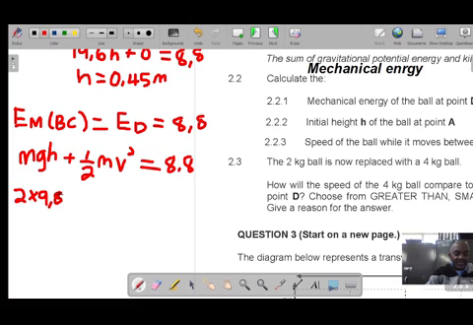It was 5 centimeters, but because it must be in meters, we divide by 100, which gives us 0.05.